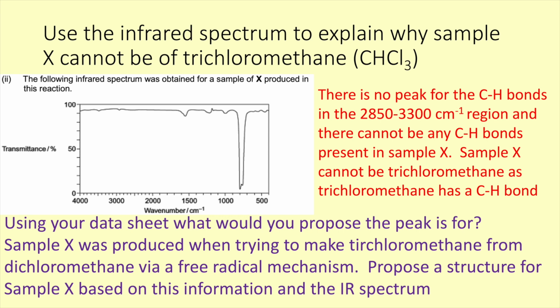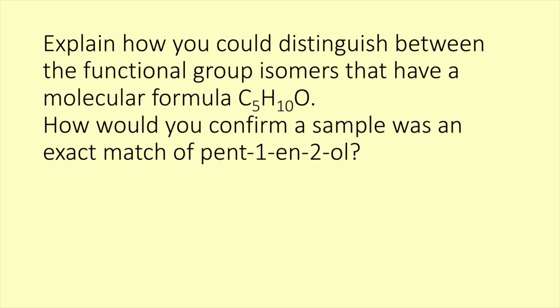So following the initiation, propagation, and then finally termination step, it's in that termination step that we're going to be making sample X. I'd like you to see if you can propose a structure for sample X based on that information and the IR spectrum. So I think this is a question I left for you to take away.